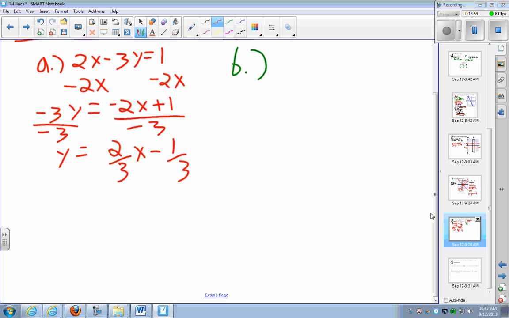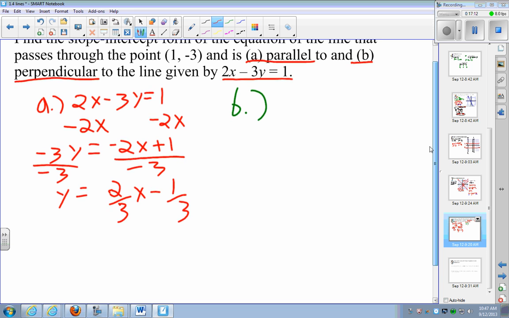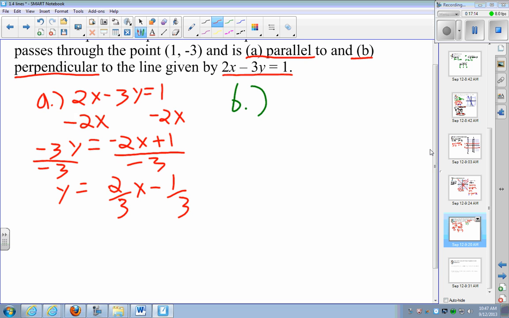All right, so now remember, for parallel lines, our slope is always going to stay the same, but our b is going to have to change. And so let's write down our point down here. Point P is equal to (1, negative 3).